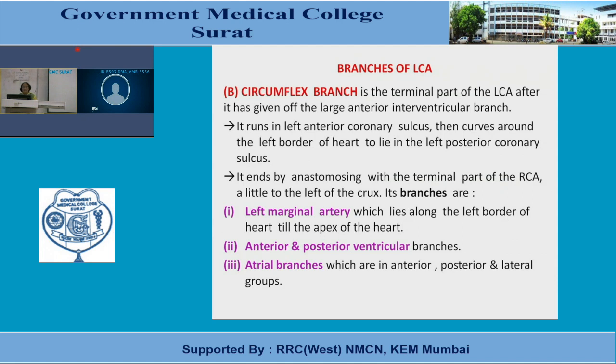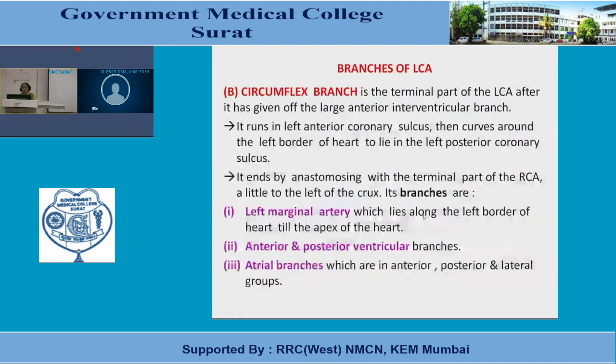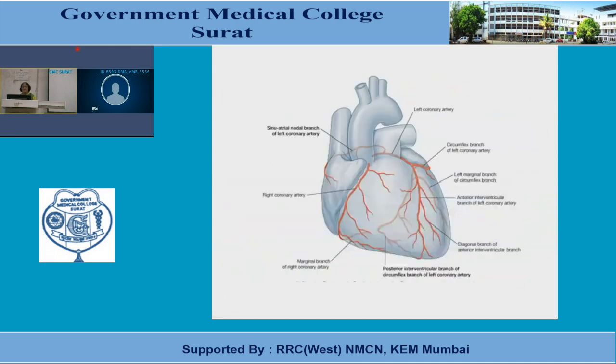Its branches are the left marginal, anterior and posterior ventricular and atrial branches. The left marginal lies along the left border down to the apex of the heart. The atrial branches are in anterior, posterior and lateral groups. These are important in angiography to know the blockage of the coronary arteries.